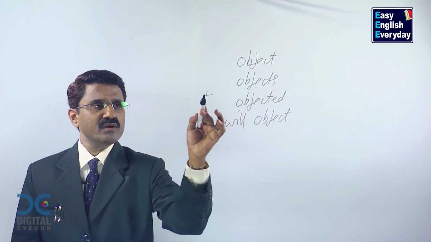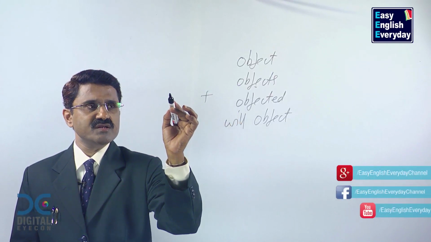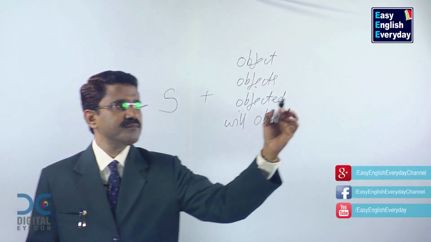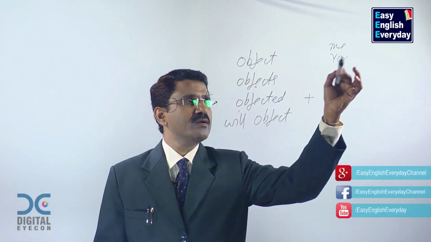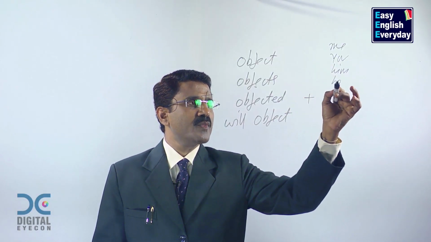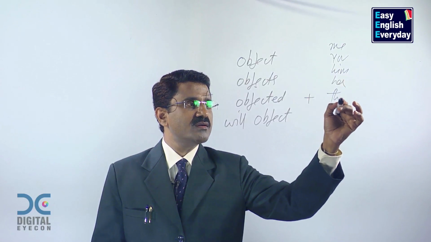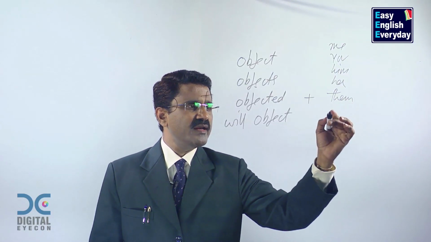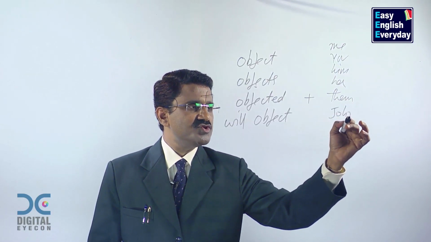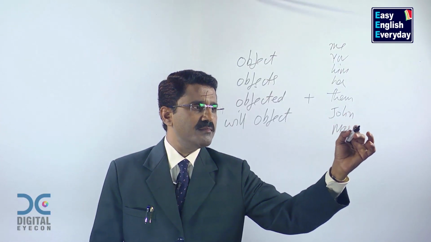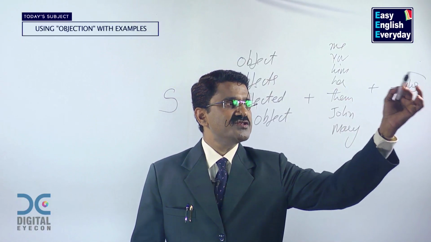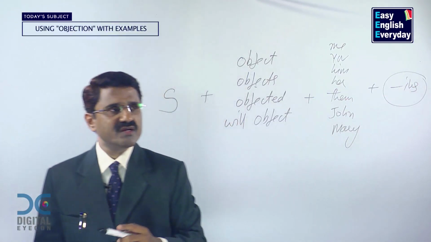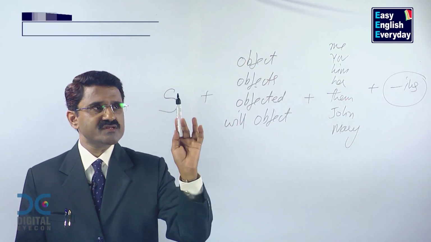Then in this zone, you can keep the subject. Then me or you, him or her or them or any name. Let us say John or Mary. Now here we use the ing part which we call gerund. Now look at the examples.